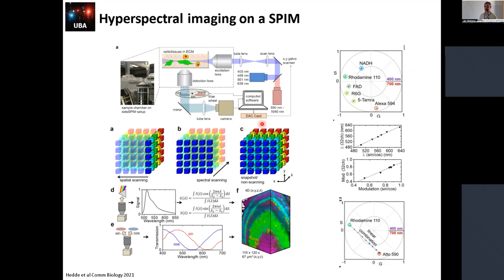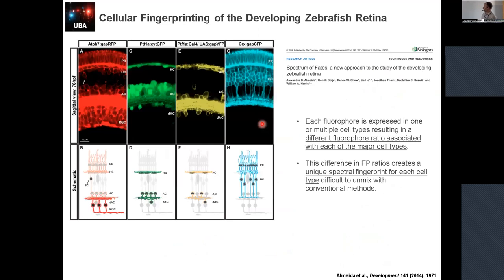This is really an opportunity because we can do really fast things with the SPIM configuration, the light sheet configuration. For instance, we use this to capture the different lineages of cells in the retina. This is a particular model in zebrafish that expresses different fluorescent markers for different kinds of cells under development.